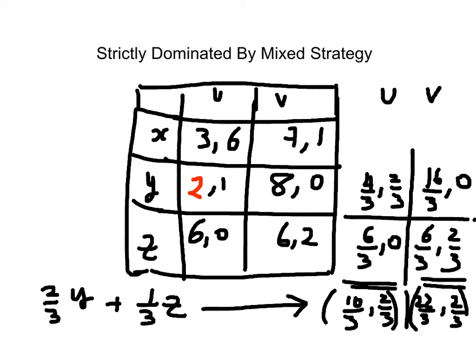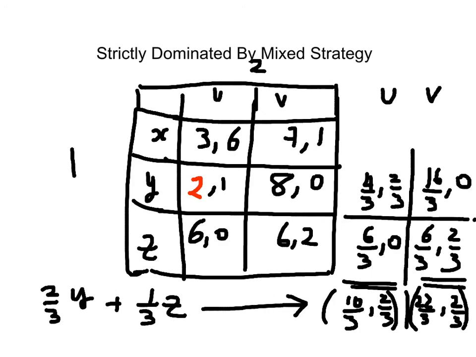I'm going to make this clear. And the thing to note here is that 10/3 is greater than 3. And 22/3 is greater than 7. And so you can see that the payoffs for player 1, I forgot to indicate here, player 1 is here and player 2 is here.